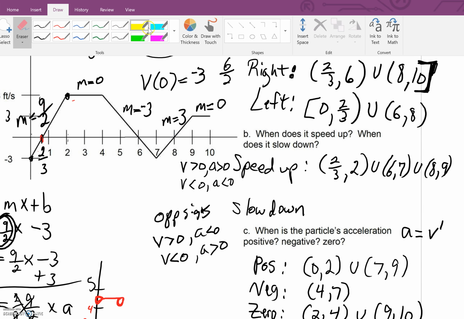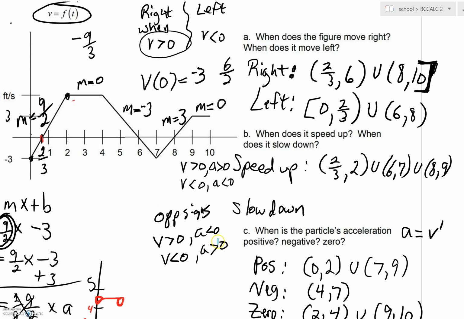Where is v greater than 0, but a is less than 0? Well, you got to be above the x-axis, but with negative slope. Hopefully you can see it would be here from 4 to 6. That's where you're above the x-axis, but you have negative slope.